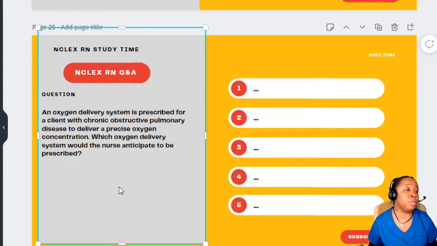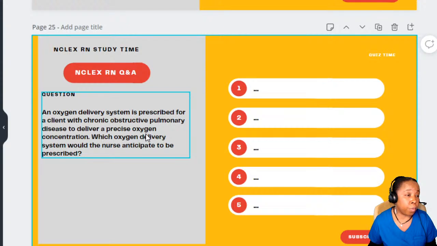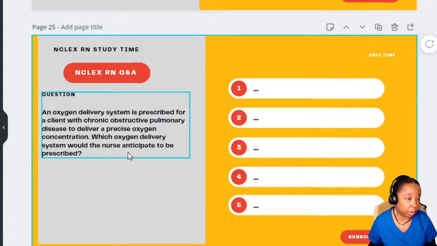So what they tell you here, the nurse is taking care of a COPD patient, chronic obstructive pulmonary disease patient. The nurse has to give a specific amount of oxygen to that patient.